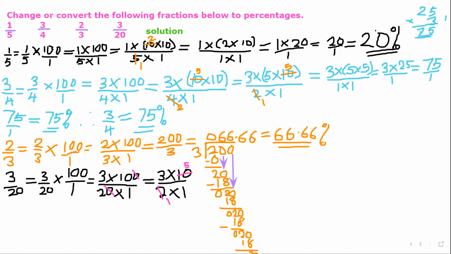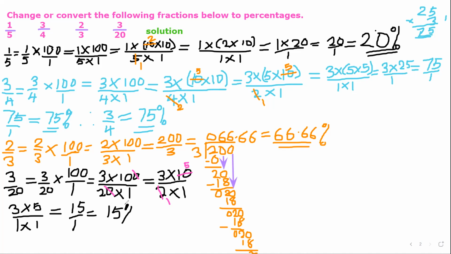Therefore, the remaining numbers here is 3 times 5. Okay, this time not 10, it has reduced to 5. And here is 1 times 1. Okay, now 3 times 5, you multiply, you get 15 over 1. And every number divided by 1 is the same as that number. So here is 15%.